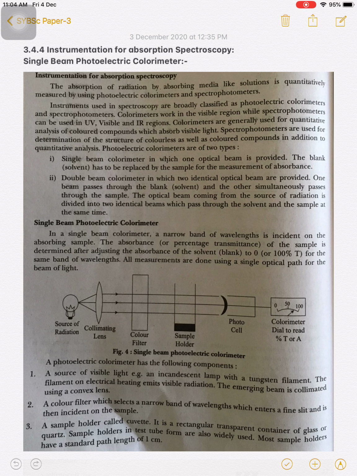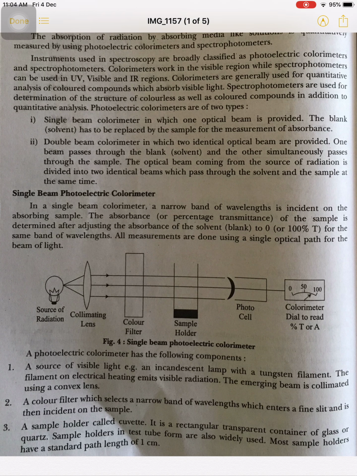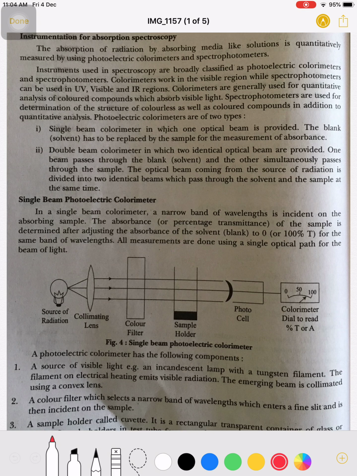In this point, two topics are included here: the single beam photoelectric colorimeter and the double beam photoelectric colorimeter. Now see here, the absorption of radiation by absorbing media like solution is quantitatively measured by using a photoelectric colorimeter and spectrophotometer.